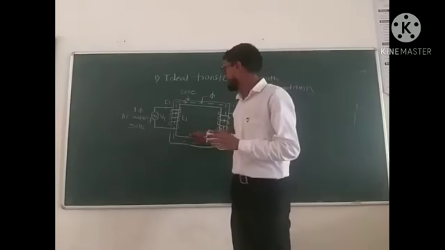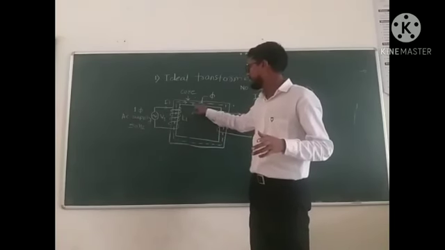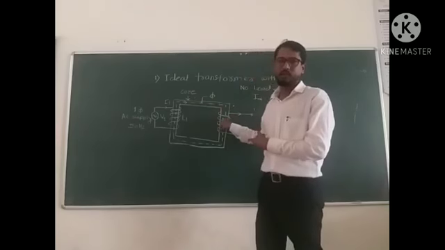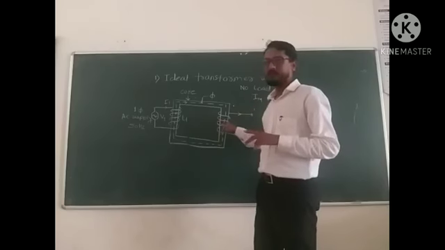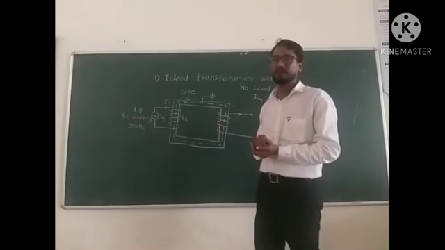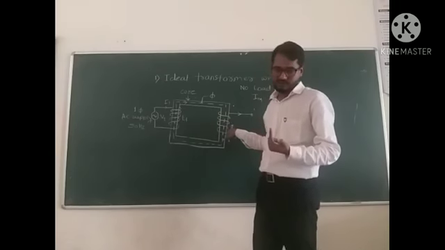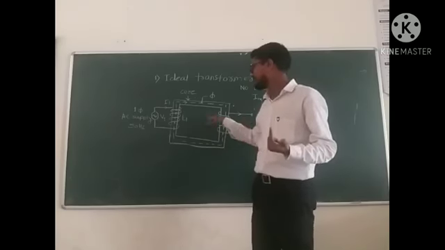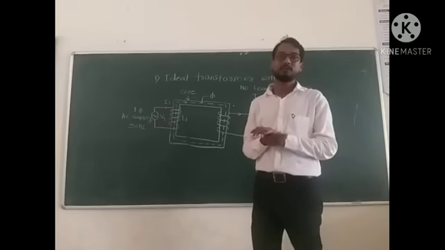The generated flux phi gets linked through the magnetic core with the secondary winding of the transformer. Then by Faraday's law of electromagnetic induction, an EMF is generated here also. This EMF is generated because in the transformer there is the principle of mutual induction.